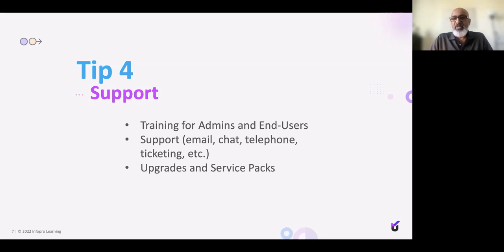At the same time, there has to be enough support when they get stuck, because even the best systems will have concerns, where people may not understand something, or there are technicalities in technology, it gets locked out, and all kinds of issues may happen with any kind of system, as with any other cloud-based system. So support means having email support, chat support, telephone support, and a ticketing methodology.